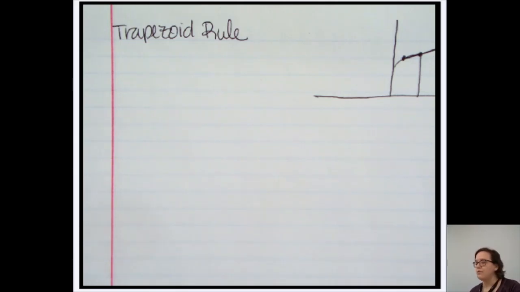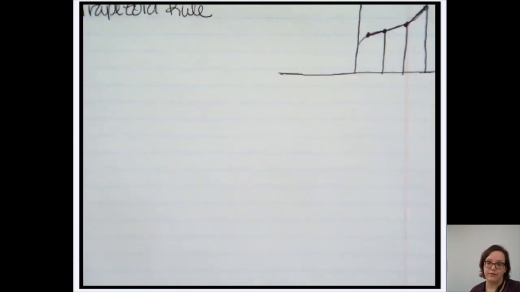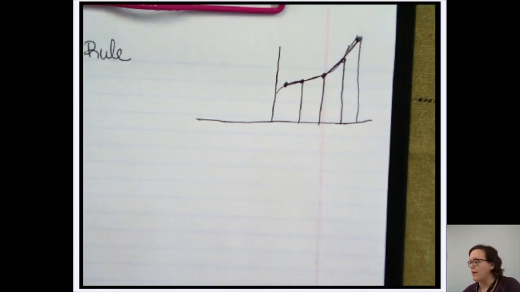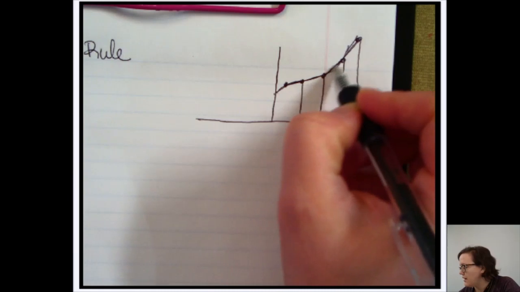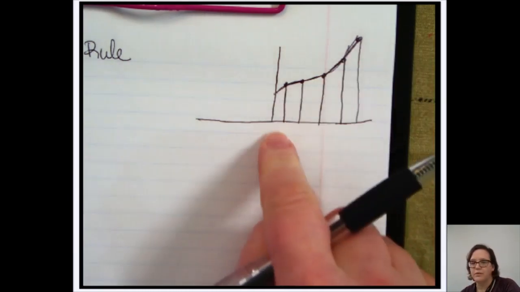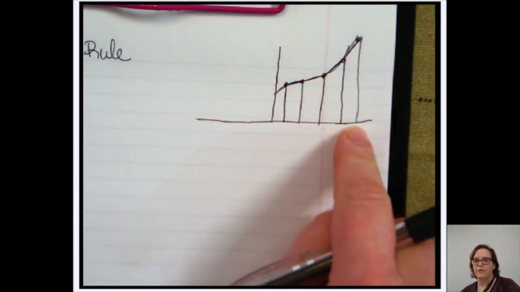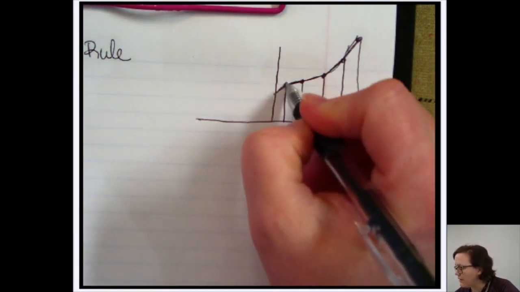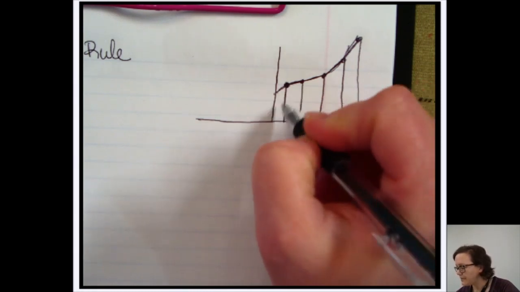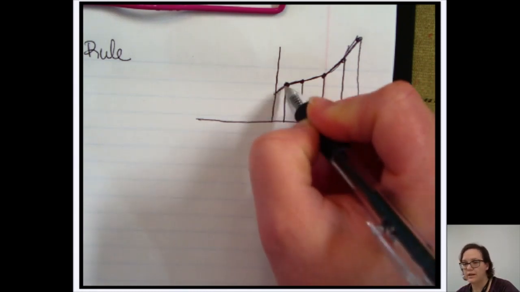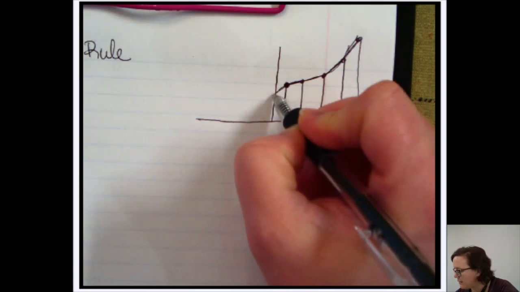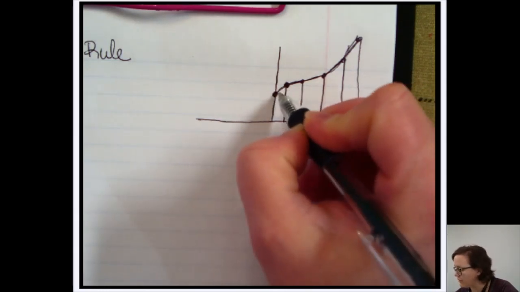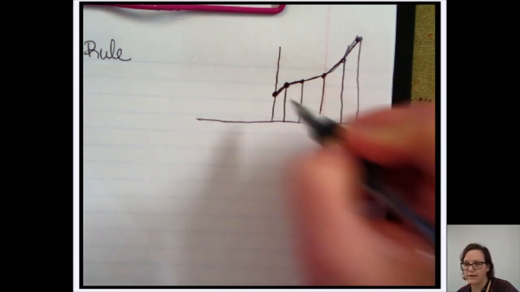Okay, so the trapezoid rule has to do with, believe it or not, trapezoids. Let's say we have this graph, and these should be equally spaced. I know they're not, but we have equally spaced intervals, and we can draw a trapezoid by taking the right endpoint of an interval and its y value and the y value of the left endpoint of the interval and connect with a straight line.